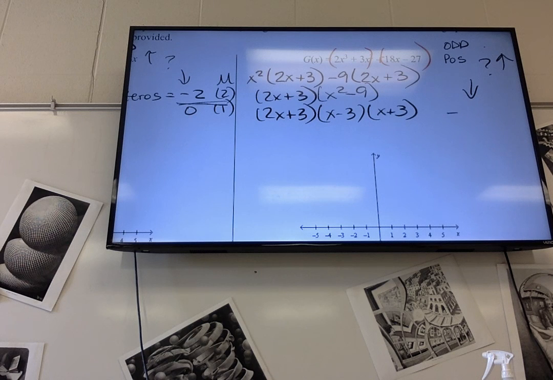What are our zeros? -3 or +3 and -1/2, excuse me, -3/2. To get these numbers, by the way, all we're doing is setting each of these equal to 0.